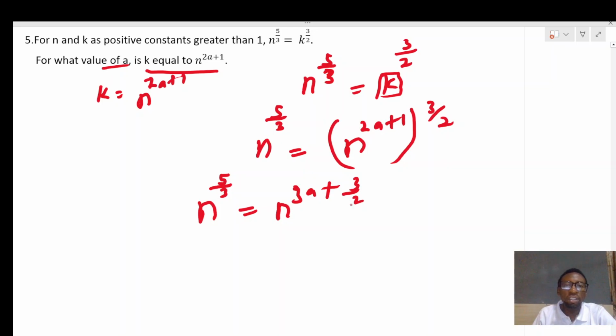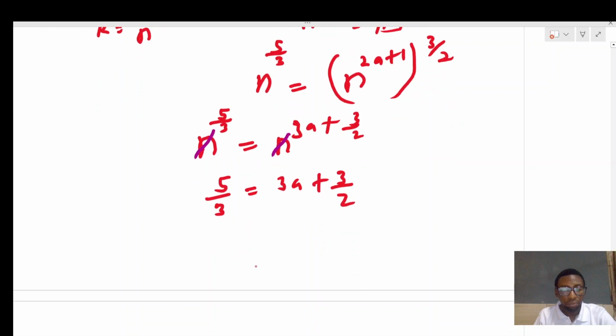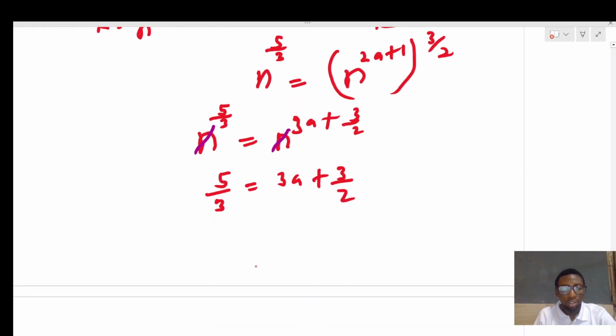At this point I can easily equate, since the bases cancel. So I'll be left with 5 over 3 equals 3a plus 3 over 2. What will I do from here?